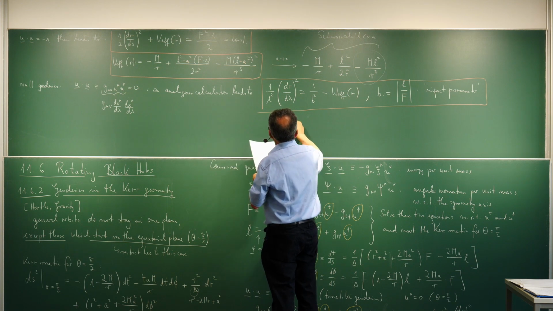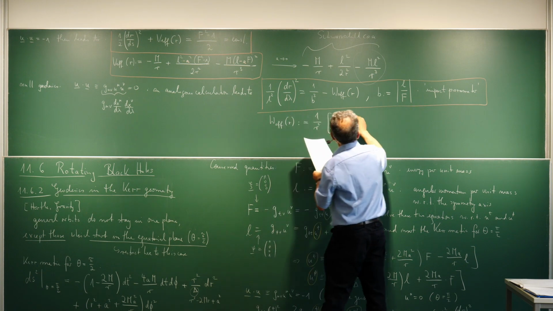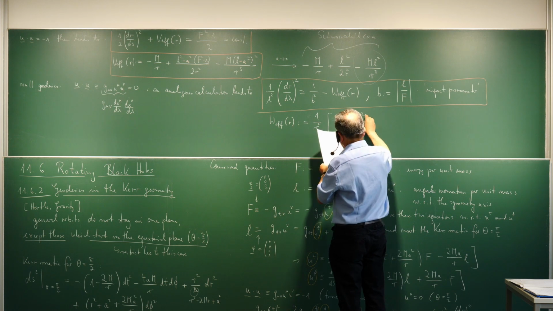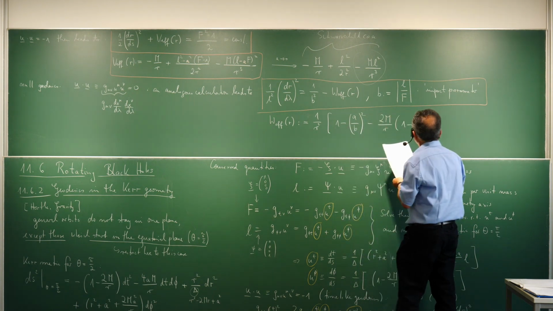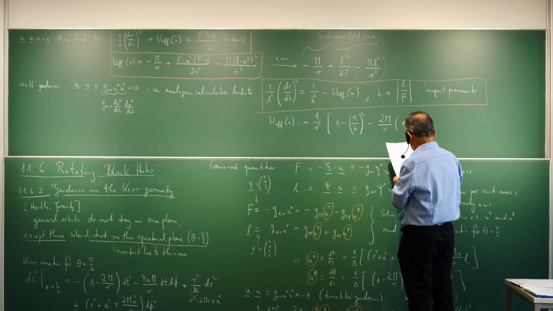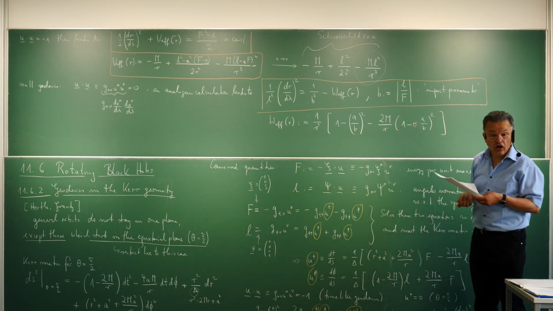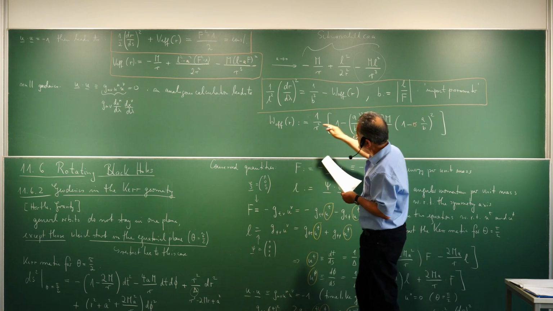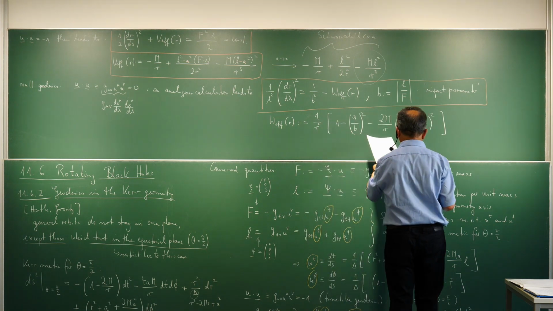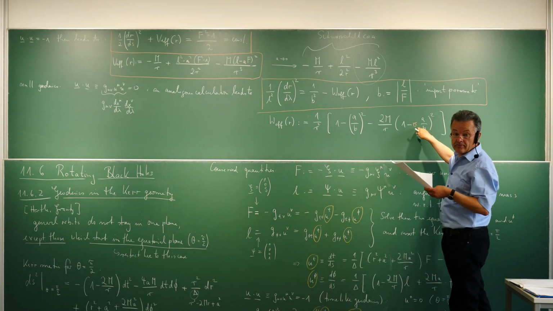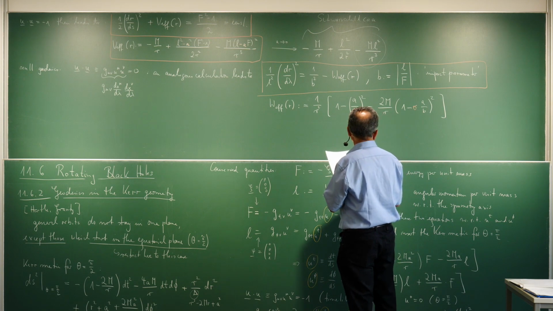So W effective of r is 1 over r squared times 1 minus a over b squared minus 2M over r times 1 minus, and here I explicitly introduce sigma a over b squared, where sigma is actually the sign of the angular momentum L. Now you see here that the sign of the angular momentum enters, which is not the case in the Schwarzschild limit.